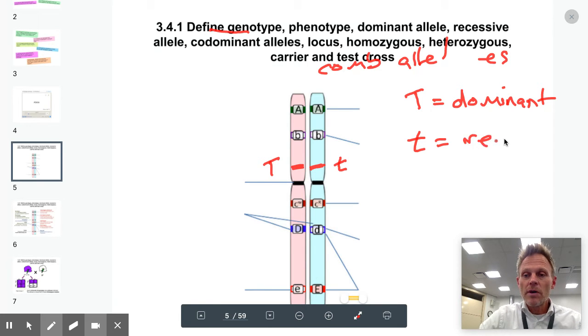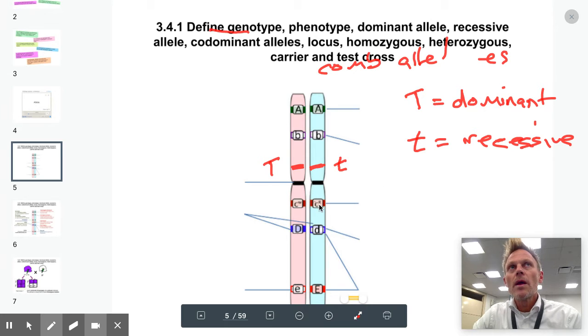So we use a small letter for recessive traits. A dominant trait, a dominant allele, if it's present, that trait will be expressed 100%.